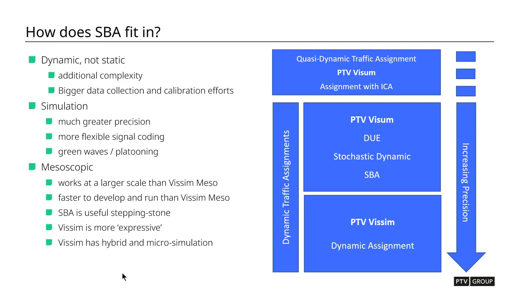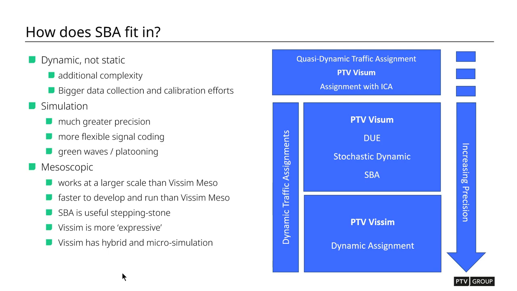So looking across products, namely Visum and Vissim, mesoscopic assignment methods are available in both. So what are the differences? So in Visum, the mesoscopic simulation is used within the simulation-based assignment. So it works for larger networks than in Vissim, and also big models in Visum are faster to develop and have shorter run times.